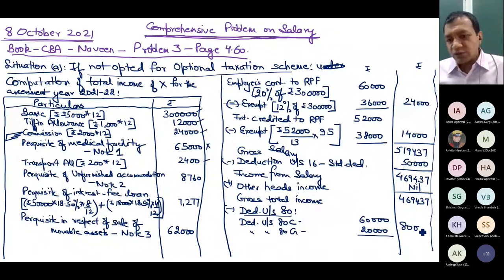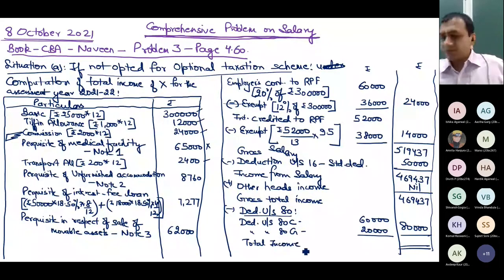So now this is my final answer, total income. Can you tell me what is my total income? So 389,437. I cannot write 437. 389,440, because total income has to be rounded off to the nearest multiple of 10.